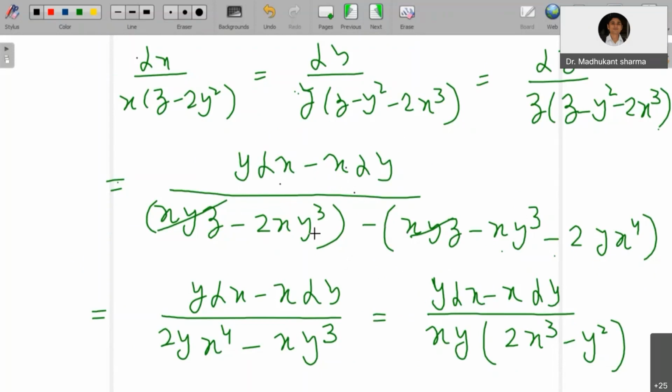So what else we can do is target this factor. Whether it is possible to get any linear combination with dy and dz so that you will have this factor in this form somehow, and then it will be simple.